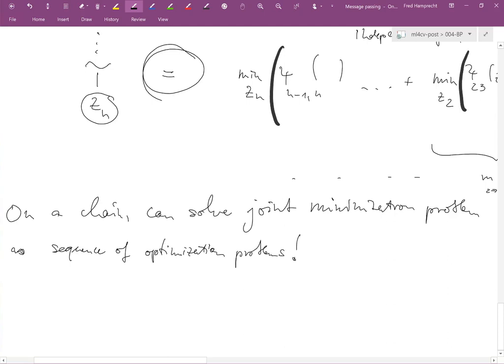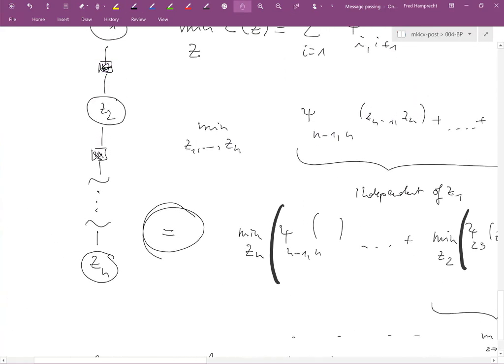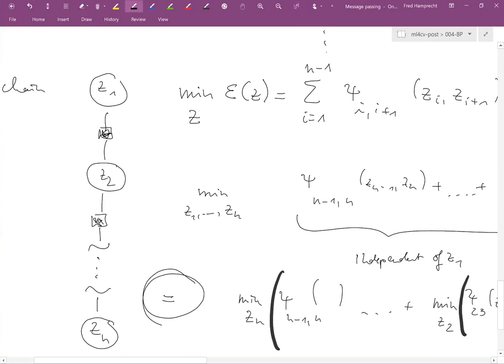And this makes for huge savings, of course, because if we look at this joint optimization up here, the search space, if I did a brute force search, would be k states per variable, and then we have n variables. It would be k to the power of n.